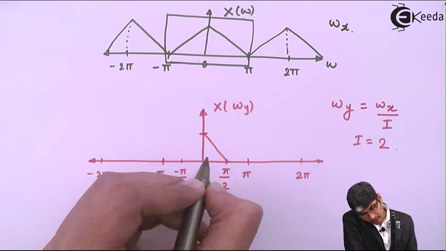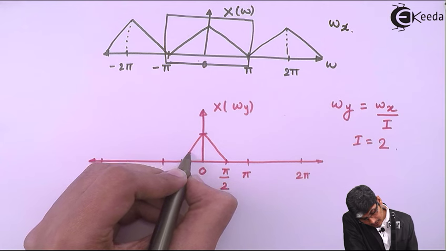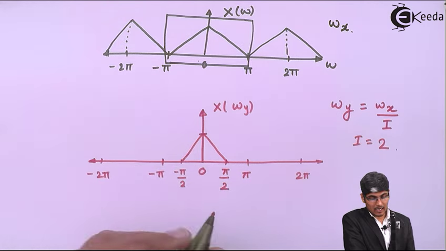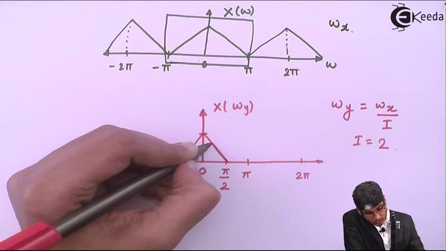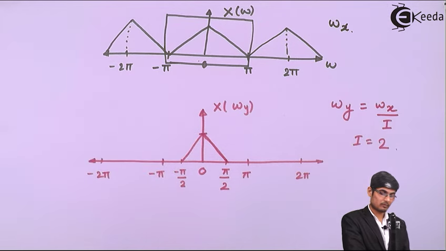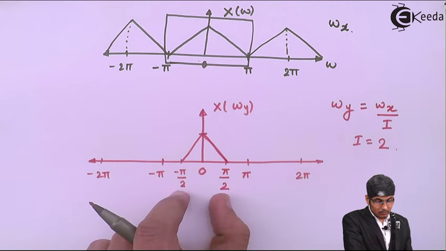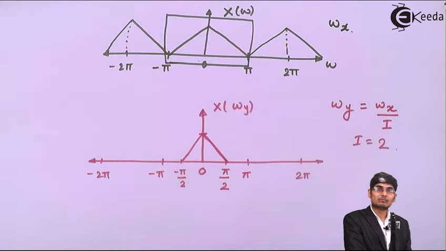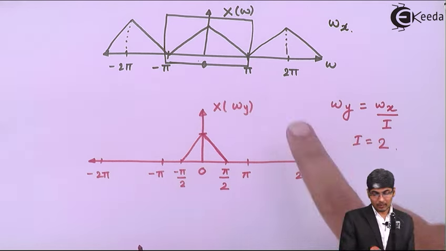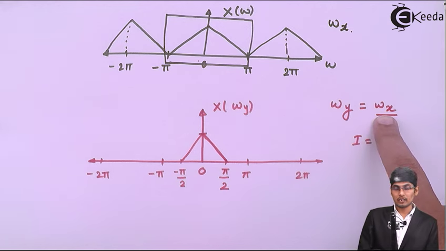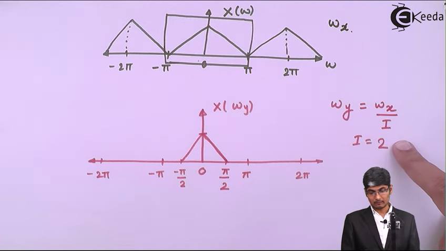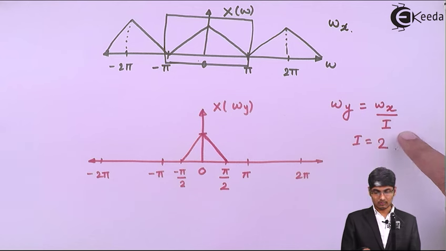Now whatever value was coming at pi previously is appearing at pi by 2 itself. So it has actually given me a compression. What will happen at 2 pi? If I put the 2 pi factor over here, it will be 2 pi by 2, which is at pi.